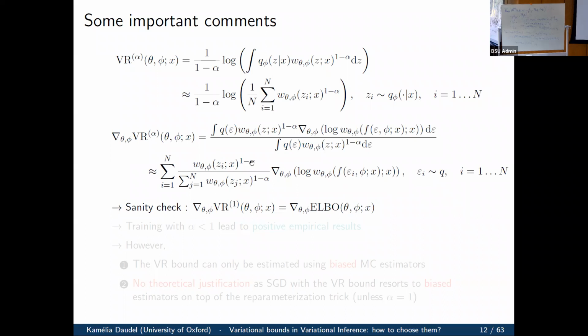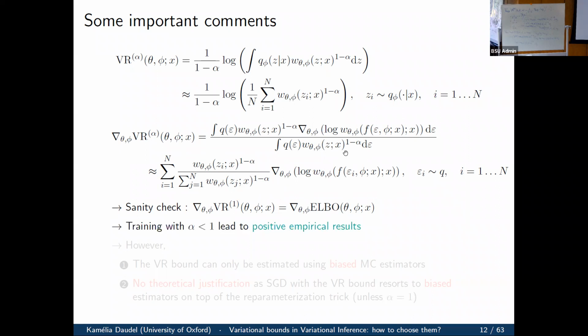If you just put 1, this term is 1, this one is n, so you've got 1/n times the sum of gradients of the log weights, which is what you had in the evidence lower bound case. So it's just a sanity check to show that this is an extension of what is usually done in the evidence lower bound case.